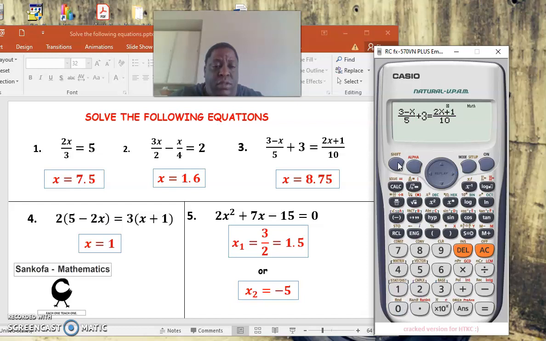And then you hit shift solve and you say equal to, and then you see the value of x is equal to 8.75.